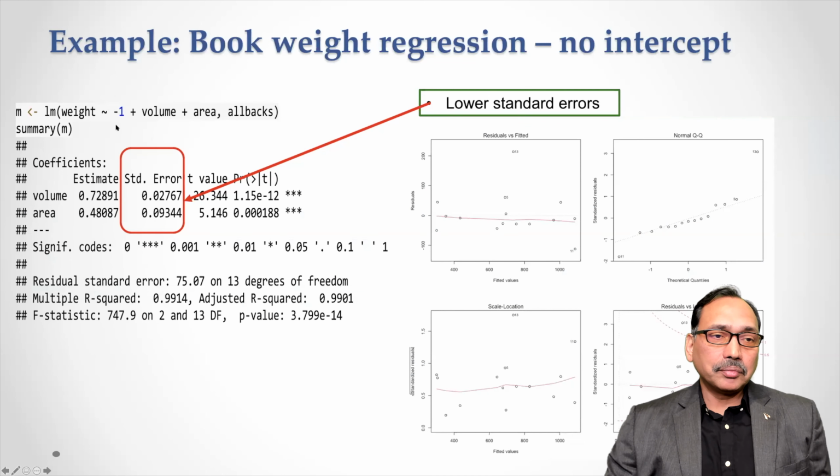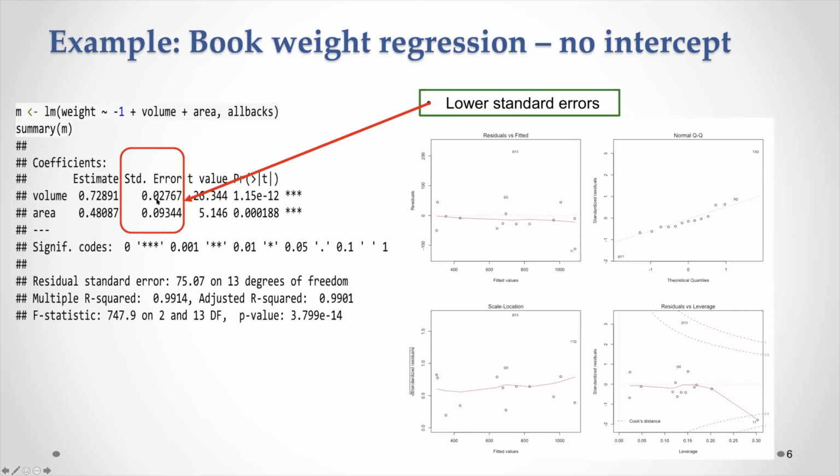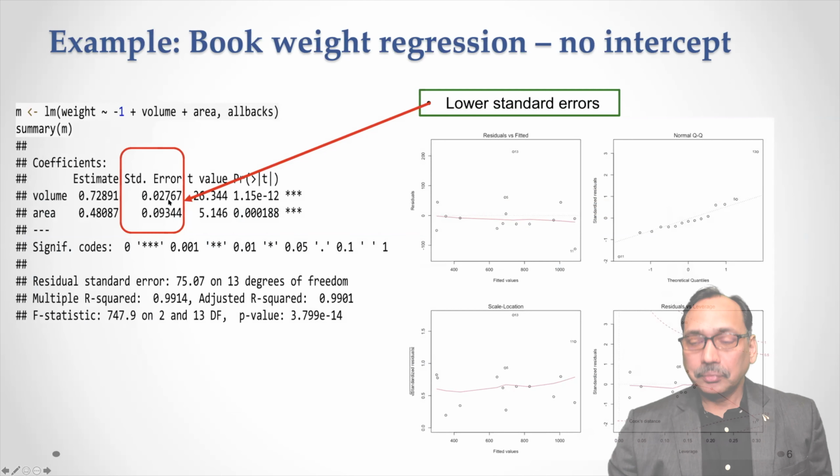If we remove the intercept for the problems that I mentioned earlier, it's very simple: we just need to add -1 and then our independent variables. So you can see the intercept is gone. And what you will notice is that our standard errors are now lower compared to what we had earlier. Now you have 0.027 for volume compared to 0.06, so it is cut by more than half.